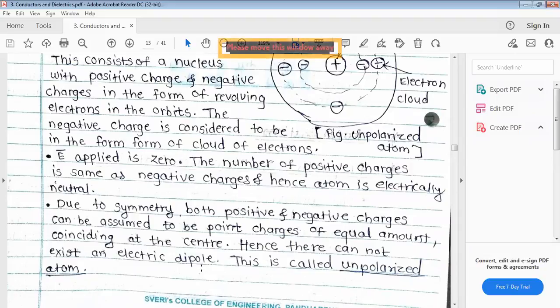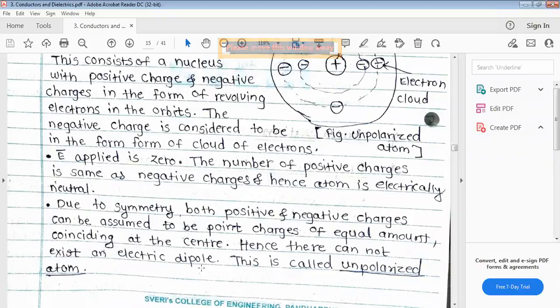So as the number of positive and negative charges are the same, and when we are considering them as point charges of the same magnitude, they are coinciding at the center only.